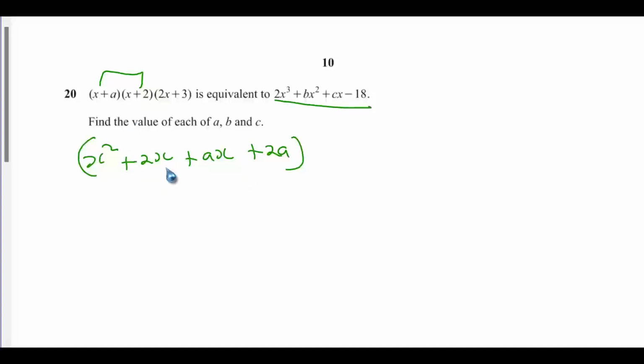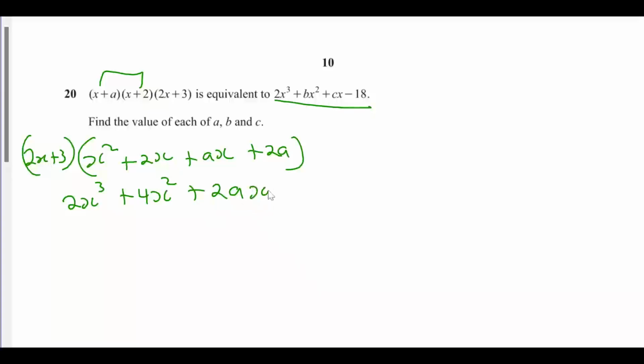Then you can now use this to expand the last expression there, which is 2x plus 3. If you expand this, you get 2x cubed plus 4x squared plus 2ax squared plus 4ax plus 3x squared plus 6x plus 3ax, then plus 6a.